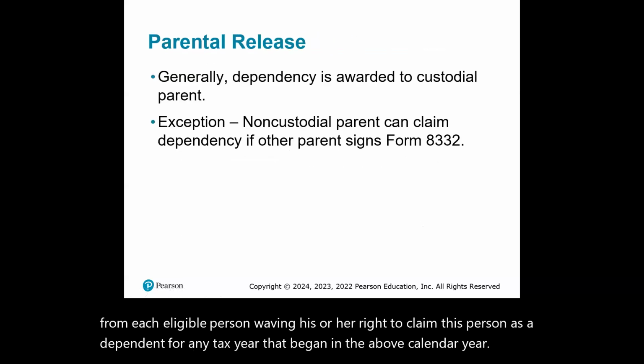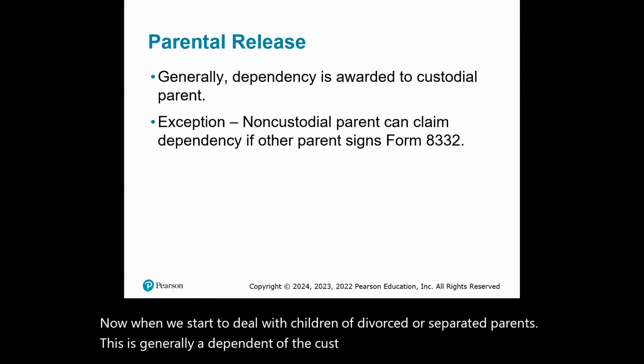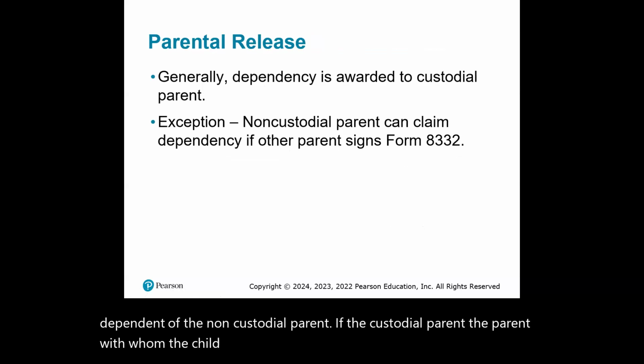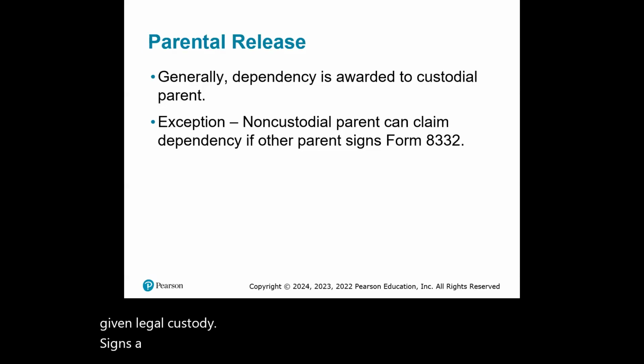Now, when we start to deal with children of divorced or separated parents, this is generally a dependent of the custodial parent. However, the child is a dependent of the non-custodial parent if the custodial parent, the parent with whom the child lives, or the parent to whom the courts have given legal custody, signs a completed Form 8332.